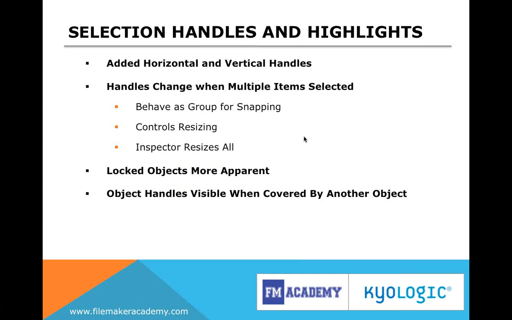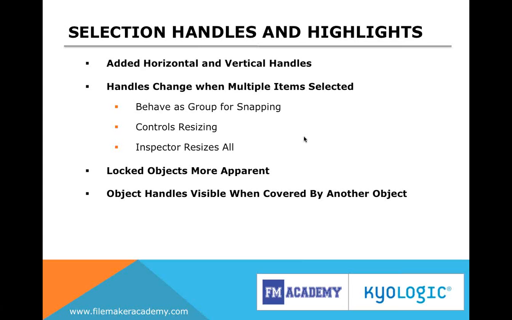Another major advance that makes FileMaker feel more consistent with other drawing programs is that you now have selection handles, which are really quite different from before. And I'll show this in the demo section. But essentially what you find is that as you select multiple things, the selection handles change. We've also added both a vertical and a horizontal handle, so it makes it easier to resize things.